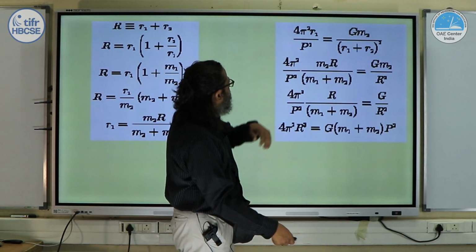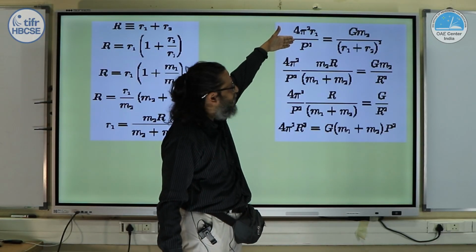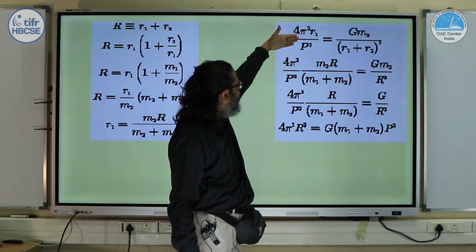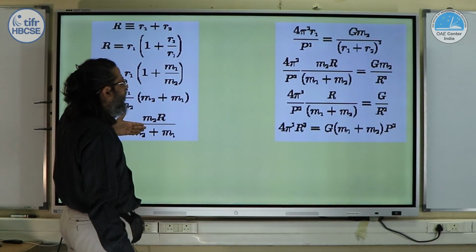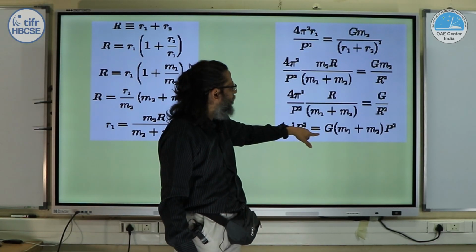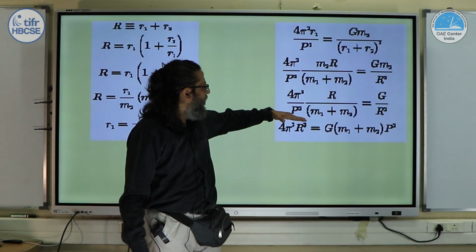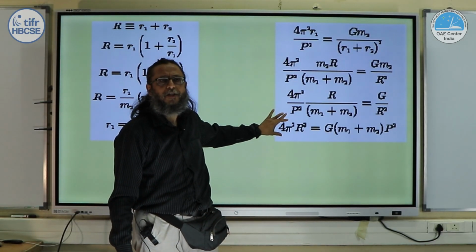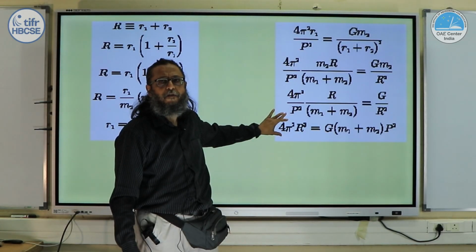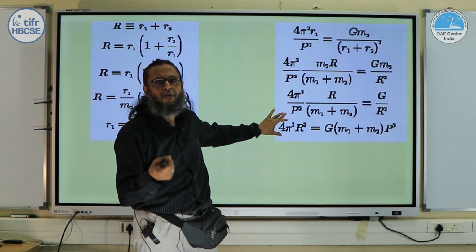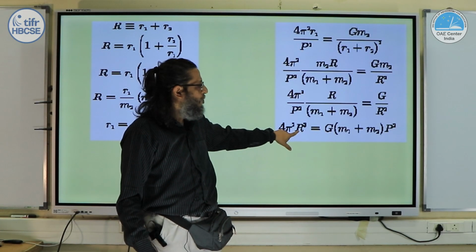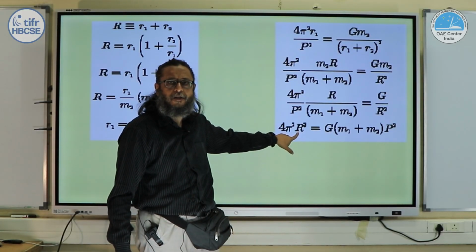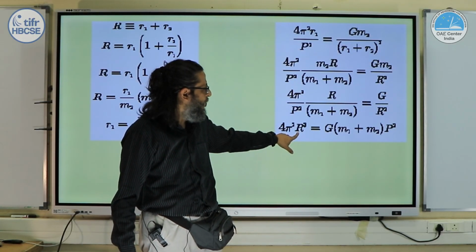Now, this is a relation that we had derived in the previous slide. So once we take this relation and this relation, we get a very important relation. Okay, this is the most important mathematical relation that we will use in gravitationally bound systems, because we have measured the separation, assuming you have measured the separation between the objects M1 and M2.